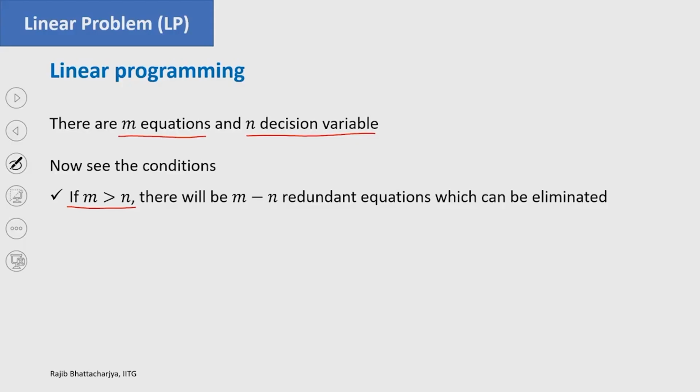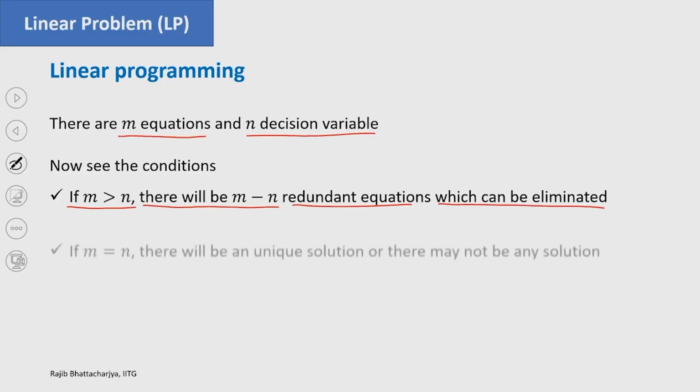What does it mean? There are m minus n redundant equations which can be eliminated. The number of equations is more than the number of decision variables, so we will have m minus n redundant equations which can be eliminated. So this is the first condition.